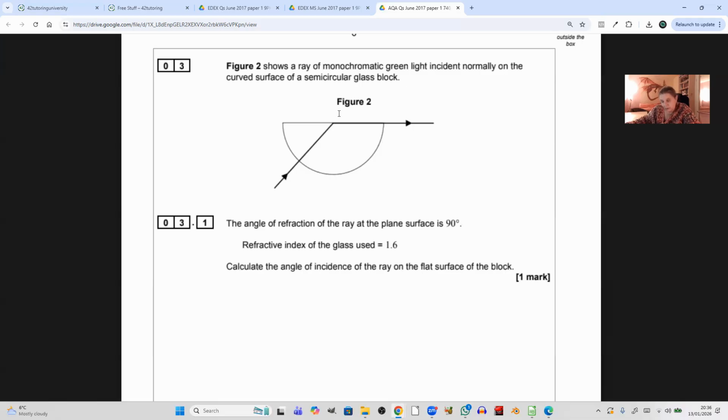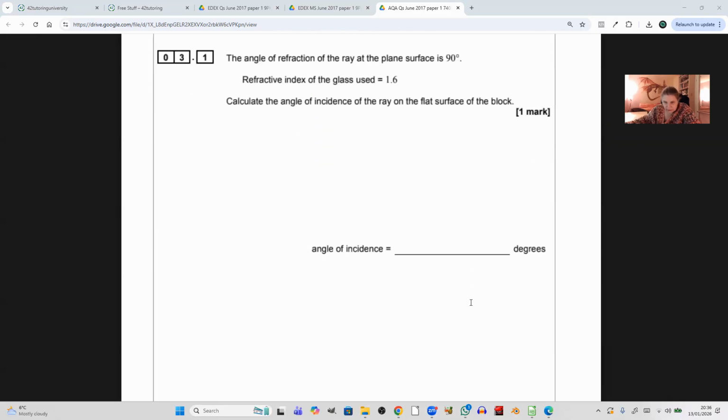So you've got to figure out that's your critical angle, but they want that angle, theta. So you've got to get the critical angle and subtract it from 90 to get theta. Right, now, that is the first bit.